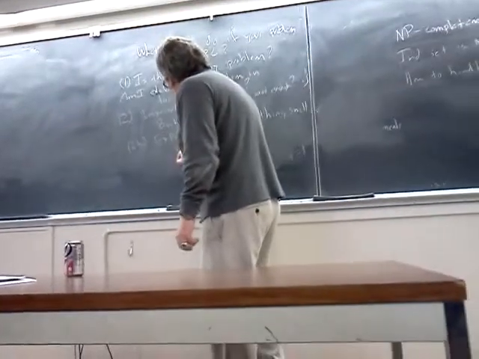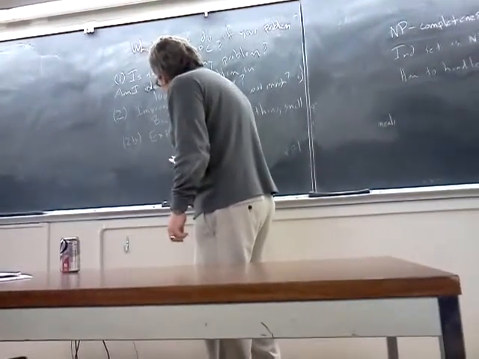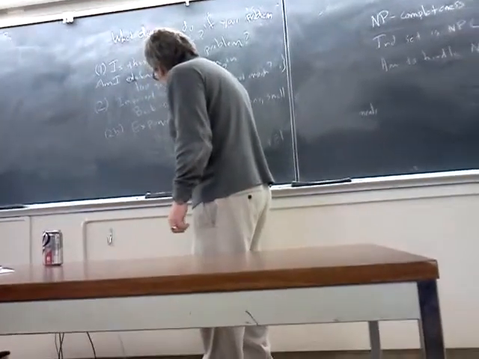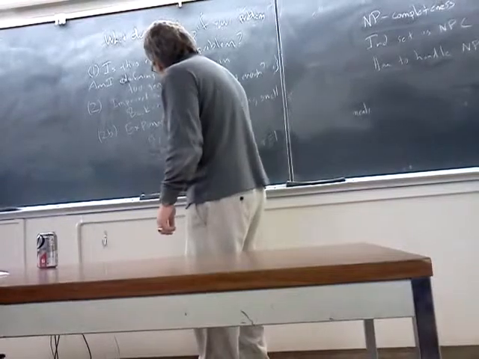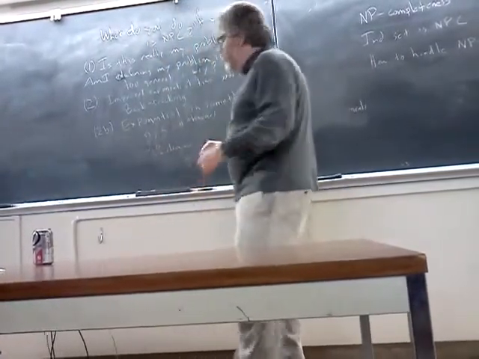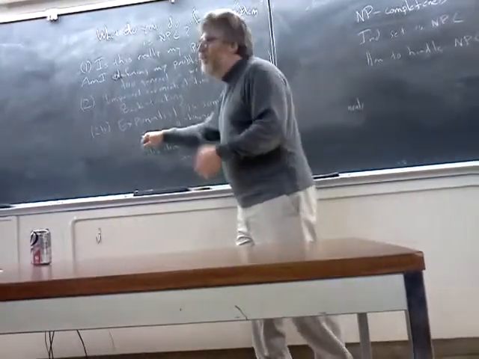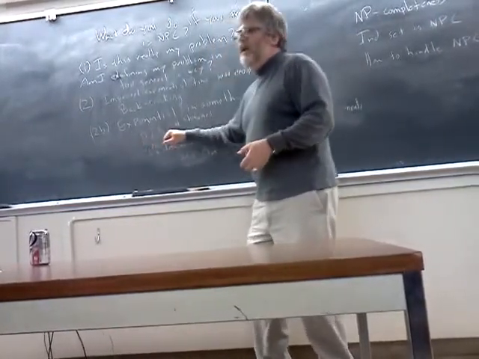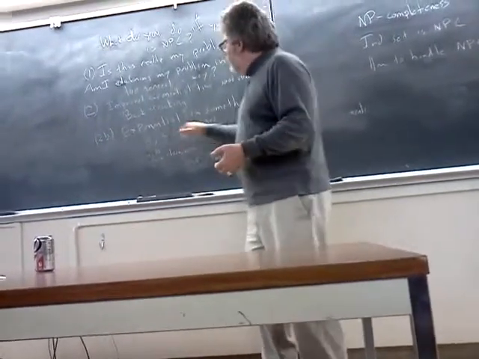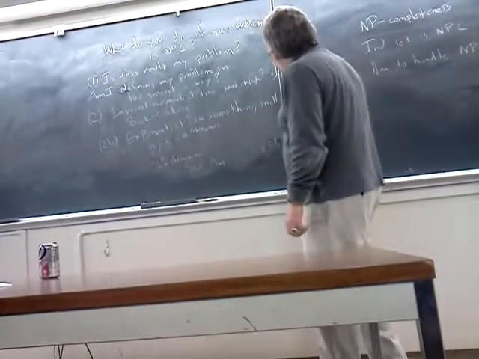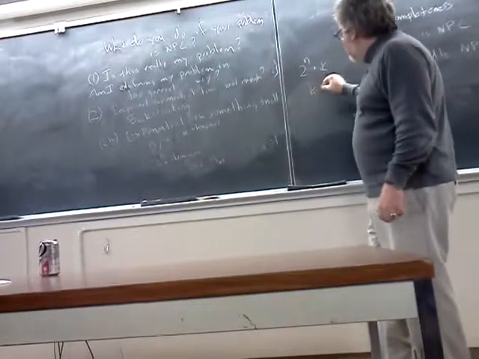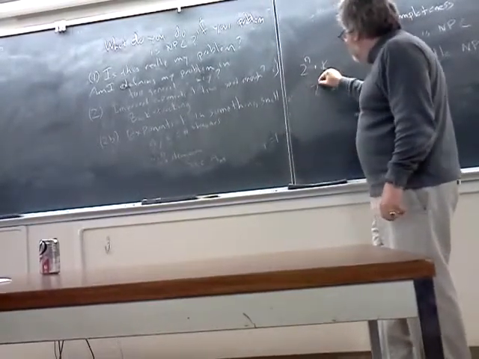N is the number of amino acids in a sequence in a chromosome, and K is the number of chromosomes. Say you've shown that this problem in general, for arbitrary N and K, is NP-complete. Well, there's still a huge difference between something like 2 to the n times k, and something like k times 2 to the n, or 2 to the k times n.